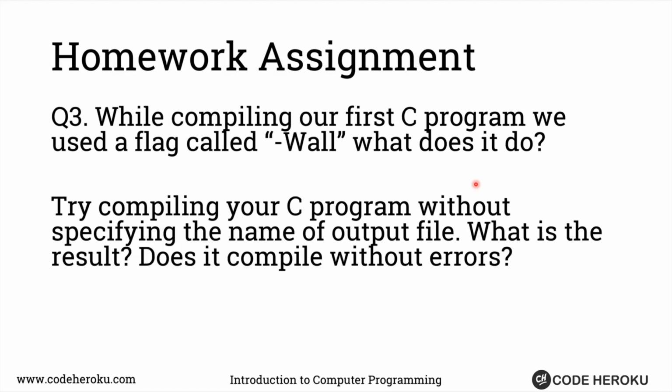And this is our third and final question. While compiling our first C program, we saw that we used a flag called -o. What does it do? And also, can you try compiling your C program without specifying the name of the output file? Does it even work? Or if it works, what's the output?